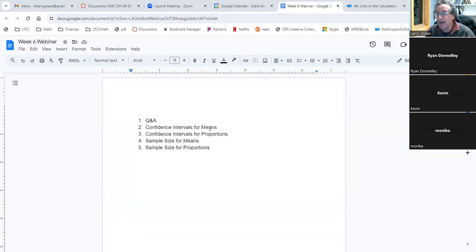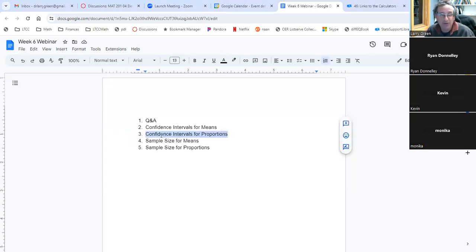Is it far off, or is it really close to the population mean, or at least likely to be? And that's what this confidence interval for the population mean will be about. It doesn't just tell you what the sample mean is, but it says that it's very likely that the population mean will be between these two numbers. And that's what the confidence interval for the population mean is all about.